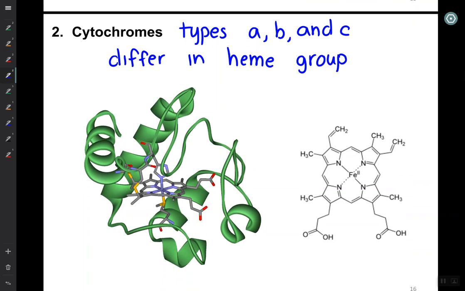So they look kind of like the structure of the heme in hemoglobin and myoglobin, except that some of these ligands around the porphyrin ring are a little bit different. But you can see in this X-ray structure of a protein, you've got your heme and you have different axial ligands, and the different types are just based on exactly the identities of these peripheral groups around the heme unit.